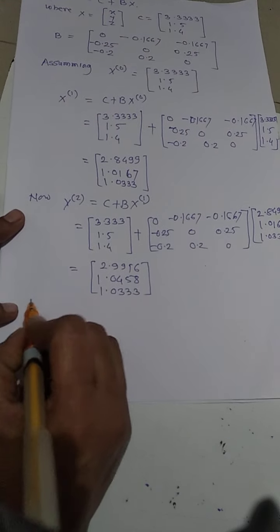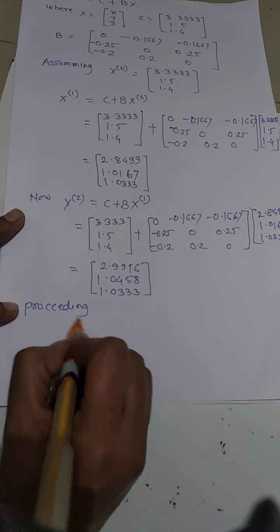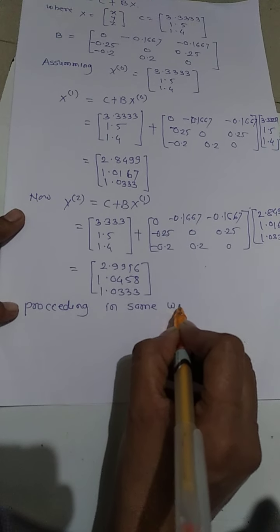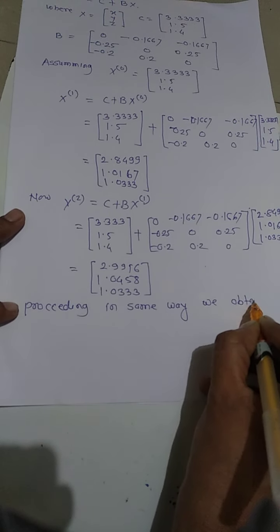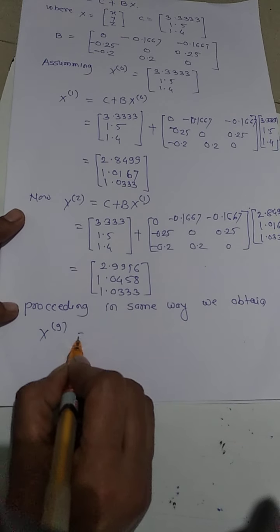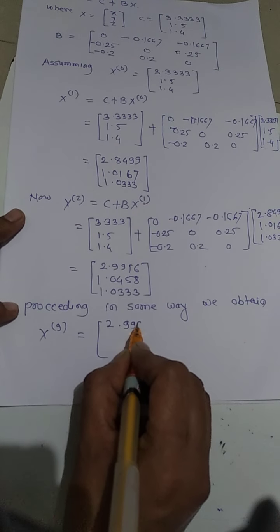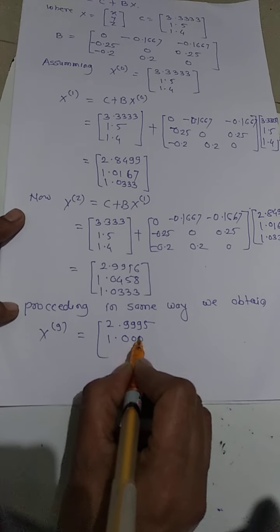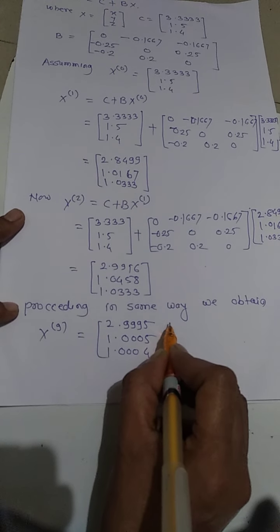Proceeding in the same way, we obtain x of 9 is equal to 2.9995, 1.0005, 1.0004.